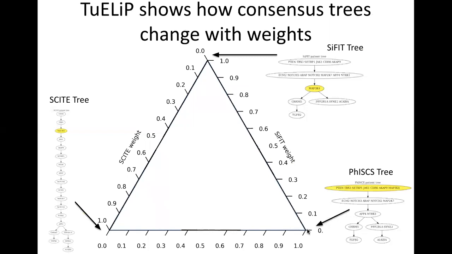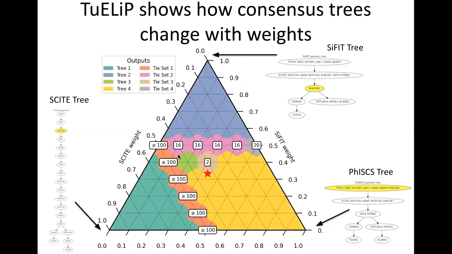This corner is a weight of 1 on Phylowgs, while this corner is a weight of 1 on SciFit, and the weights are sliding in the triangle. The color of the output represents the tree or the set of trees returned. The star is where we put equal weights on all three trees.